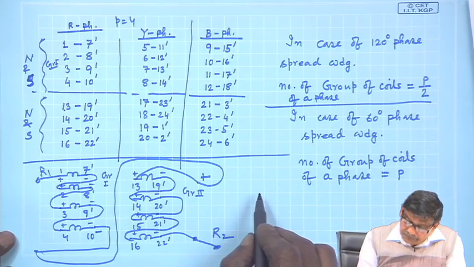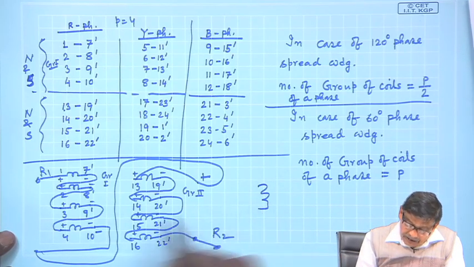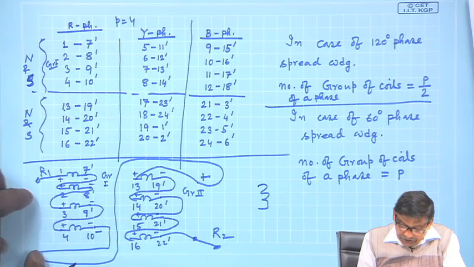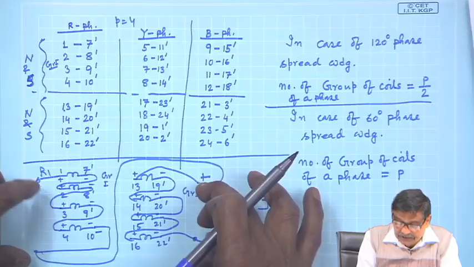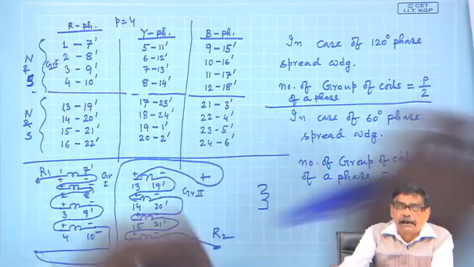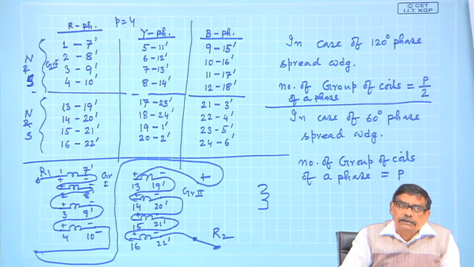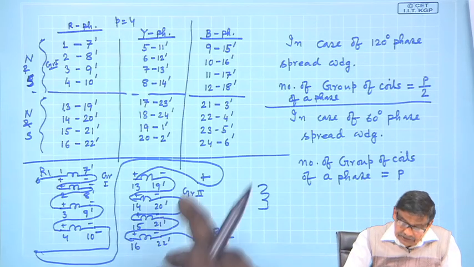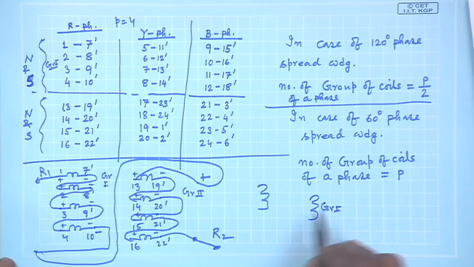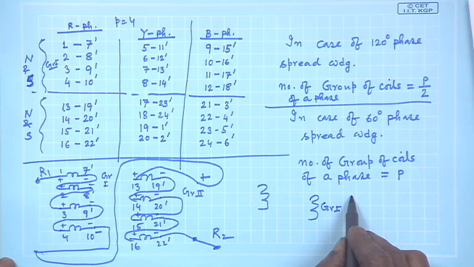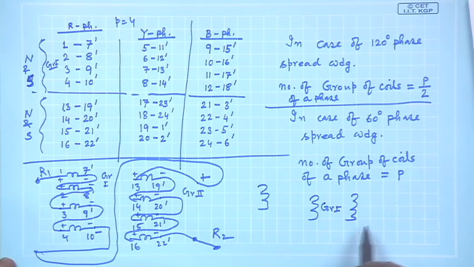These groups, say group 1 of R phase, these two terminals and these two terminals, they are identical, all the voltages are. They could be connected in parallel and brought out, this is done for low voltage high current machines. So, group 1 and group 2 may be connected in parallel, why not?